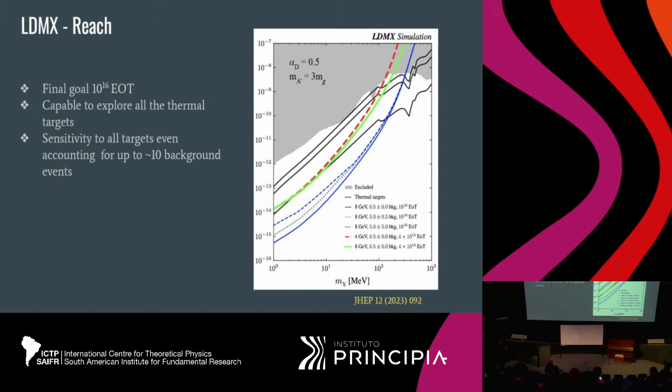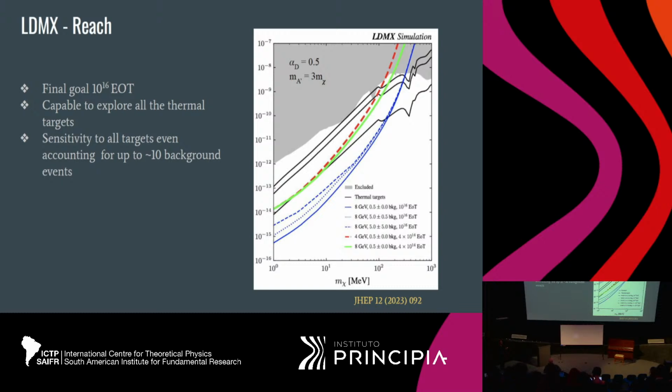And then you have phase 2, the upper limit, that is to say 10 to the 16 electrons on target, which corresponds also to many years of taking data. So very challenging but also a very good result.